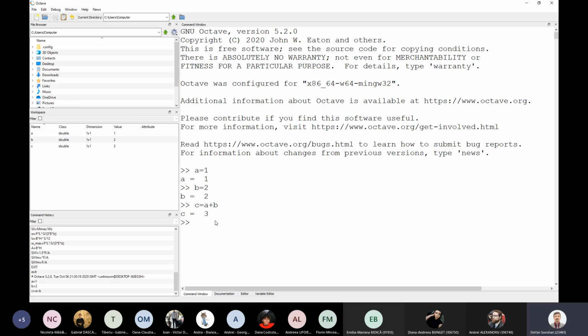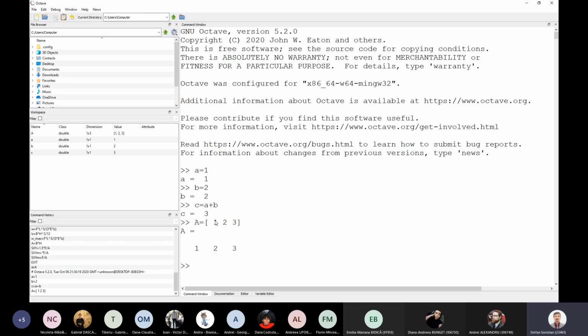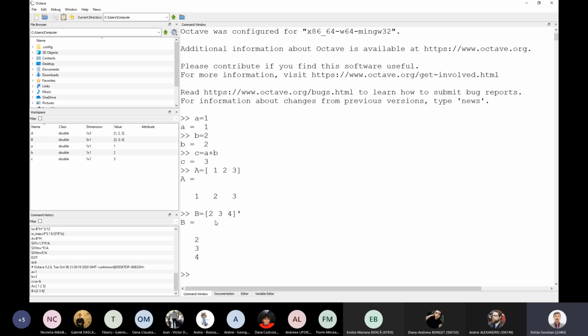We can define also, let's say, vectors or matrix. Let's say a vector is defined as something like that. This is 1, 2, 3. This is a row vector. We can define also a column vector as, let's say, 2, 3, and 4. And if you use transpose here, yeah, you will obtain a column vector.